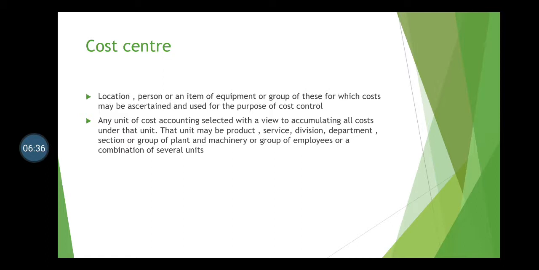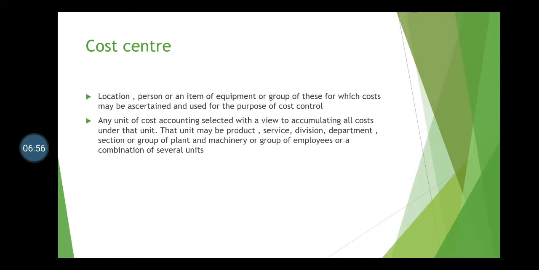Spinning unit is a cost center, weaving unit is a cost center. Similarly, finishing unit is a cost center. There are different departments. An organization may have departments like department A, department B, department C. Each department is a cost center.